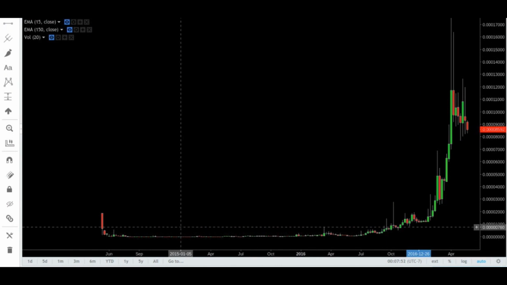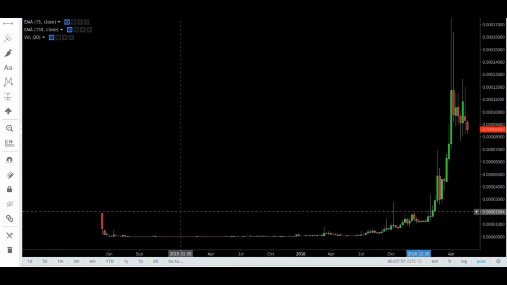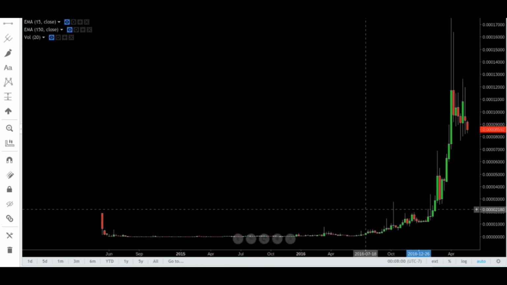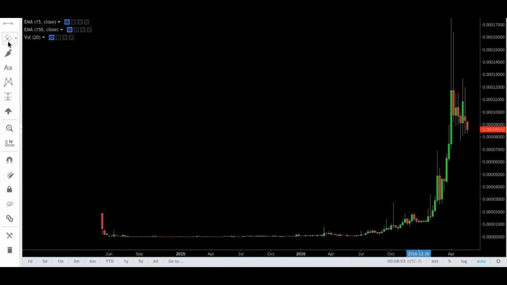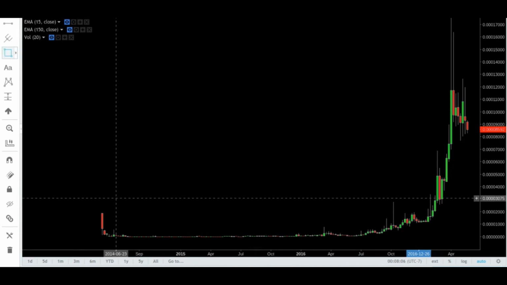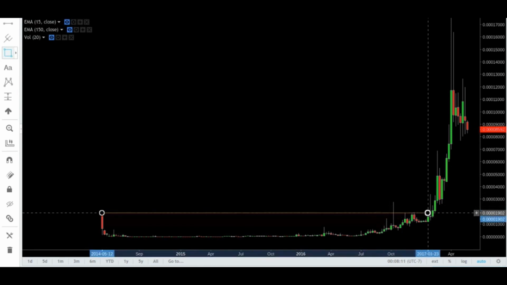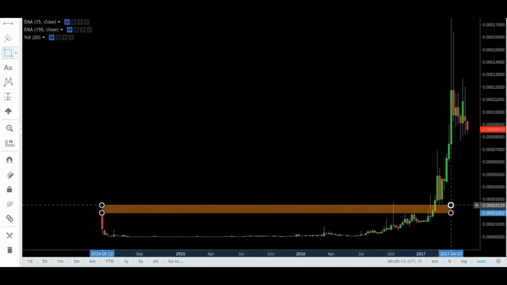So what we can do is go ahead and create a 1 week, which seems to be some sort of resistance right in this general zone. So we're going to create a rectangle. We're going to elongate this rectangle from right about here to right about there.